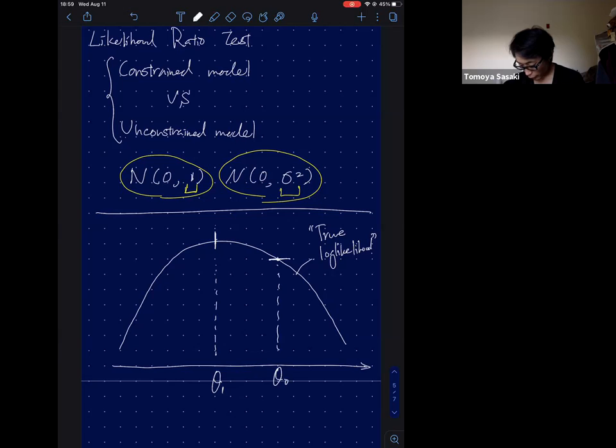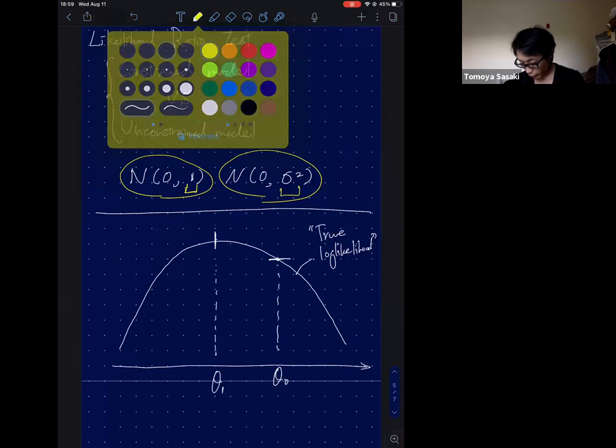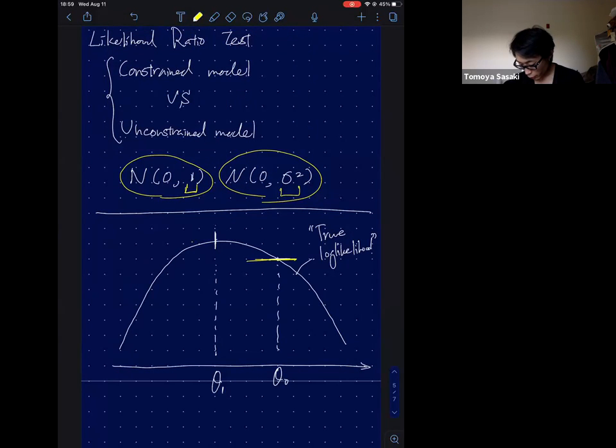Visually speaking, you're comparing the likelihood between theta naught and theta 1.